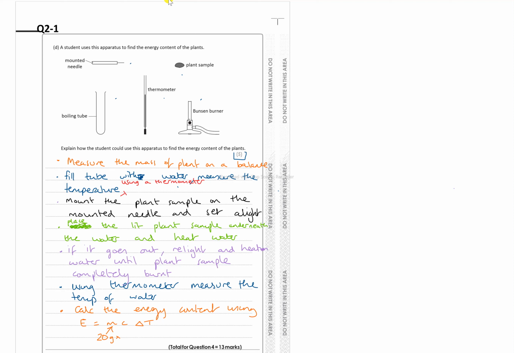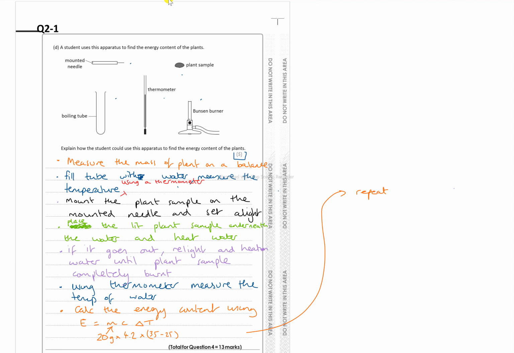The specific heat capacity is given to you. And delta T is the change in temperature. So if you started at 25 and it finished at 35, it would be 35 minus 25, which is 10.